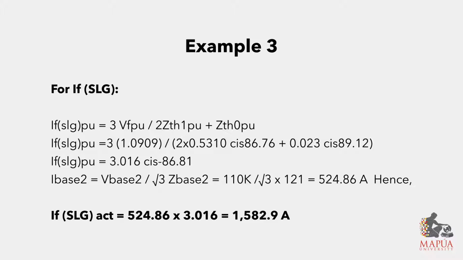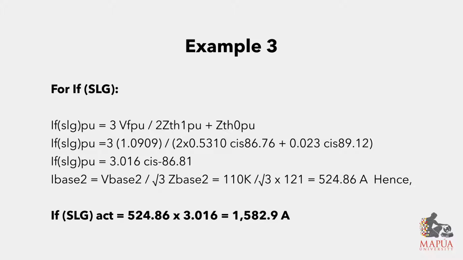Solving for the base current, that will be equal to the base kVA over the square root of 3 multiplied by the base voltage, so that gives us 110 kV divided by the square root of 3 divided by 121, which gives 524.86 amperes.